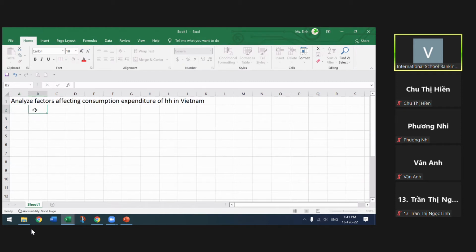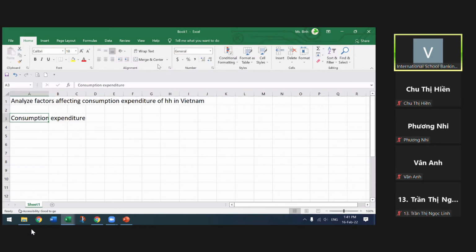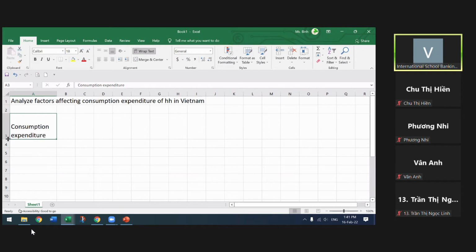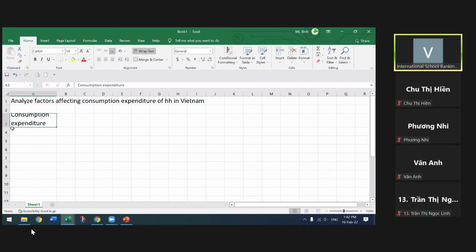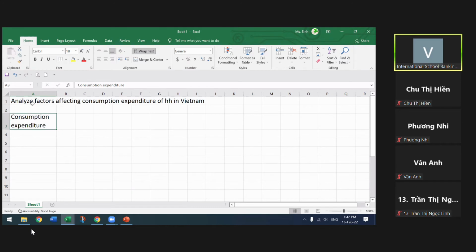With this topic, the dependent variable must be consumption expenditures, right? But which factors could affect the consumption expenditure? You just named some, right?